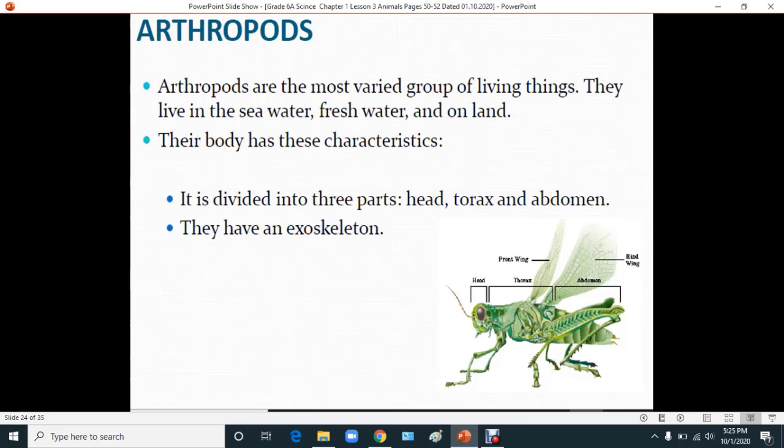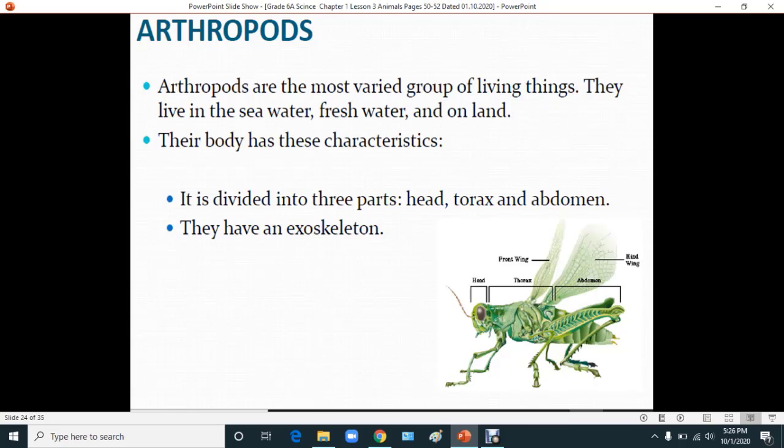Another thing that we are going to talk about is the arthropods, which, as I told you, are the largest group of invertebrates with more than 1 million species, including insects, spiders, crabs, shrimps, and lobsters. Here are examples of arthropods, where the body is divided into three parts: head, thorax, and abdomen.